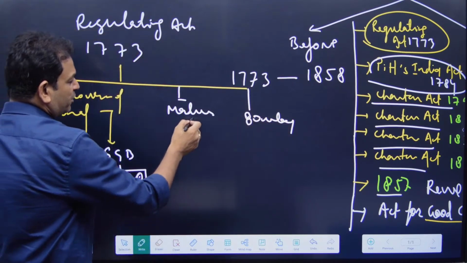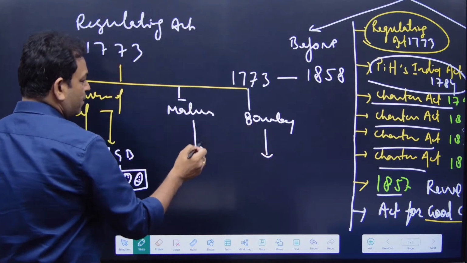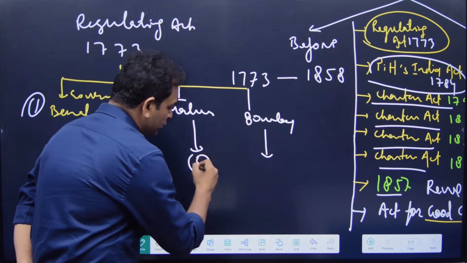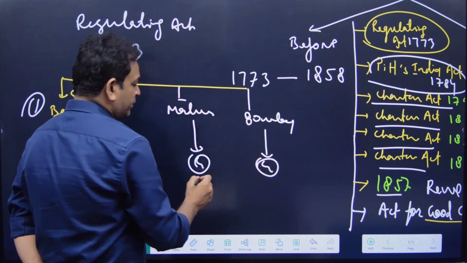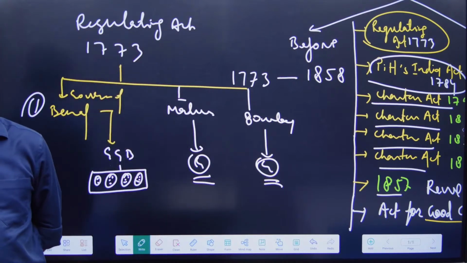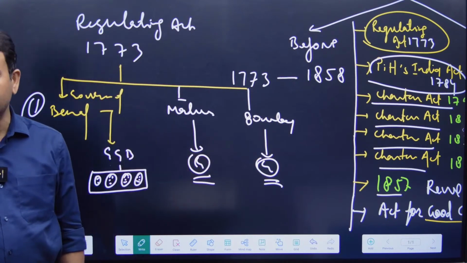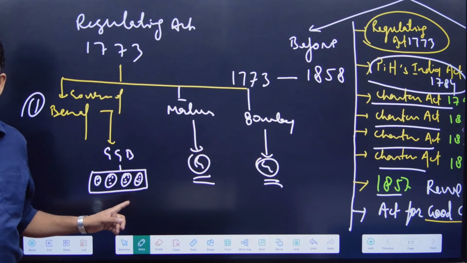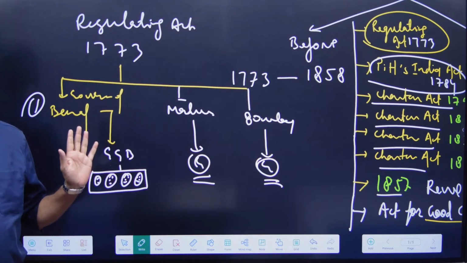These presidencies, Madras Presidency, Bombay Presidency, headed by their own governor, they will pass their rules and regulations like before, but no rules and regulations will be implemented without the consent of the Governor General of Bengal.